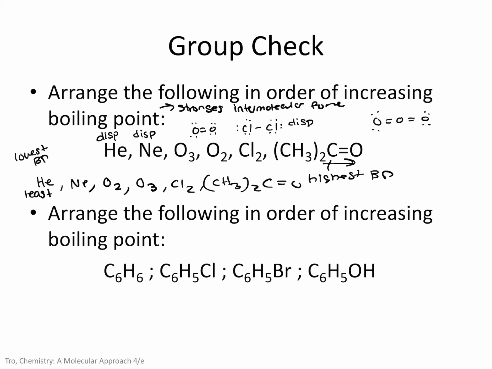Arrange the following in order of increasing boiling point. So we have hexane, so that's nonpolar. Then we have a chlorine compound, so then we have a polar structure. Then we have a bromine compound, so another polar structure. Then we have an H bond. So I know this is the highest boiling point. This is lowest. Now, what is the difference between the chlorine and the bromine?